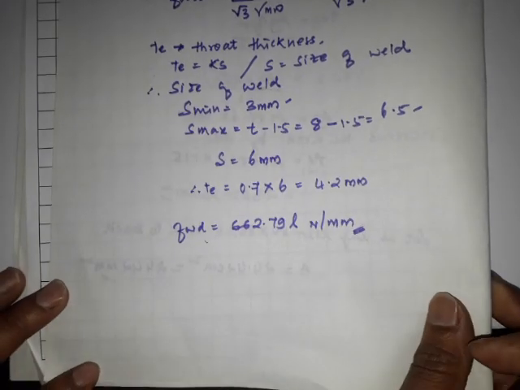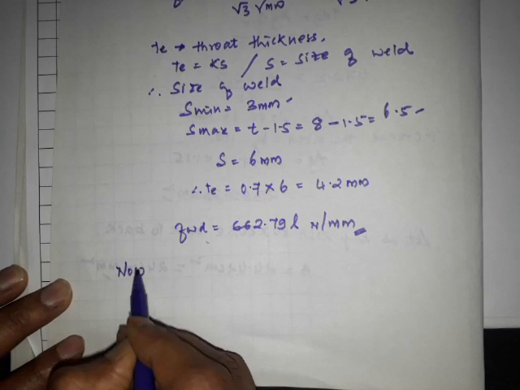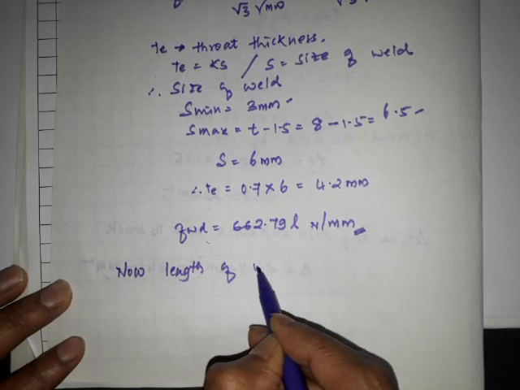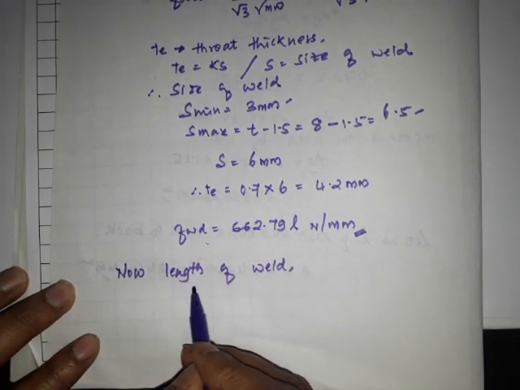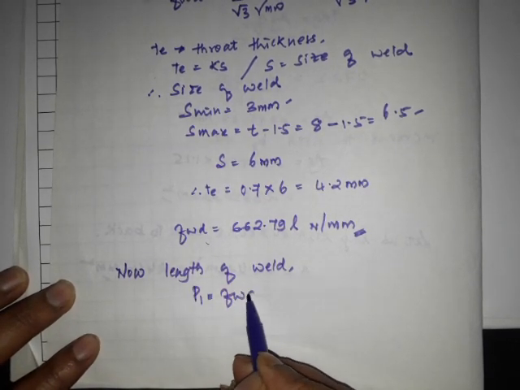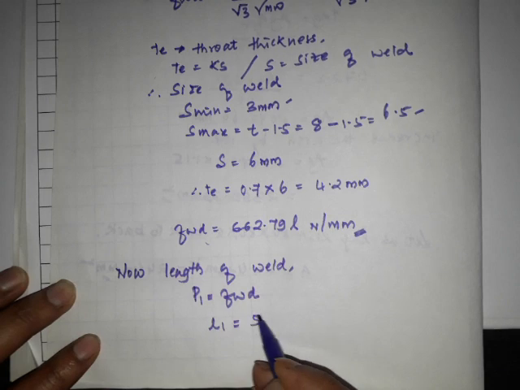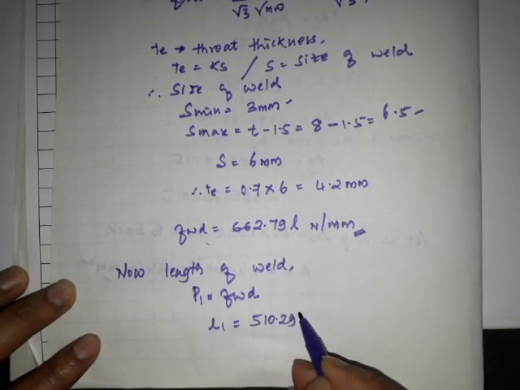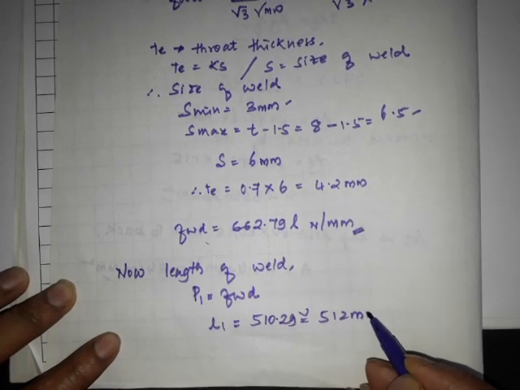Okay, this is nothing but the connection design. So now length of weld, by equating P1 is equal to FWD, we get L1 is equal to 510.29, we equate it to 512 mm.